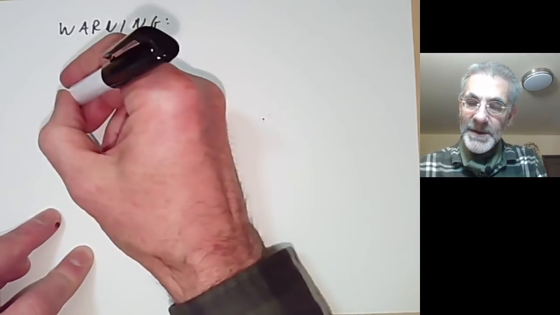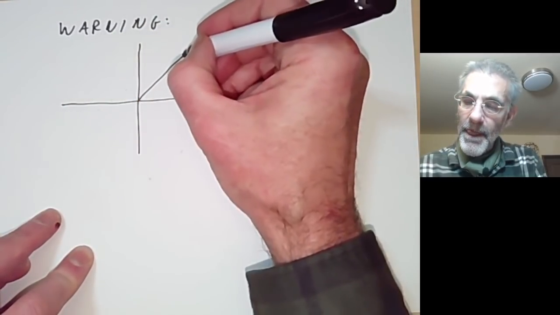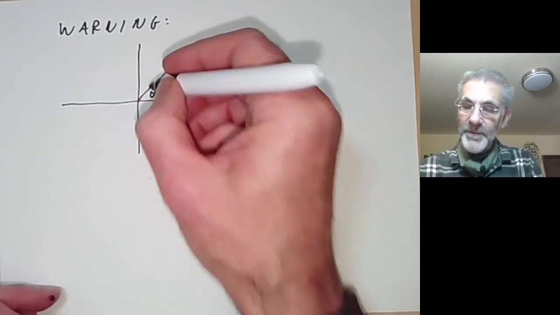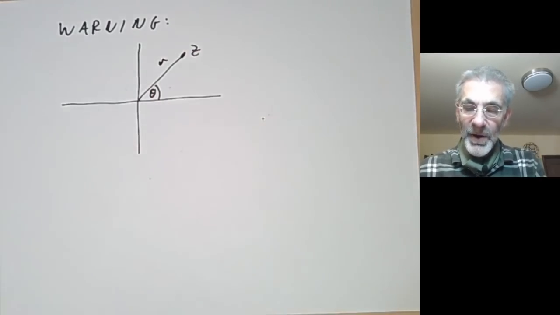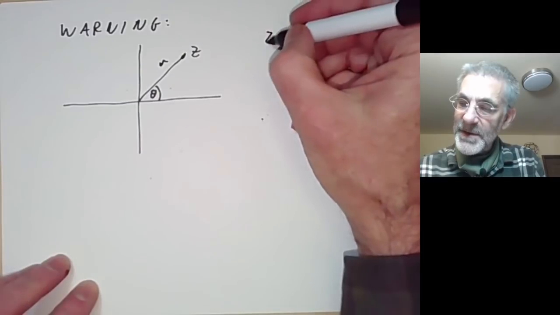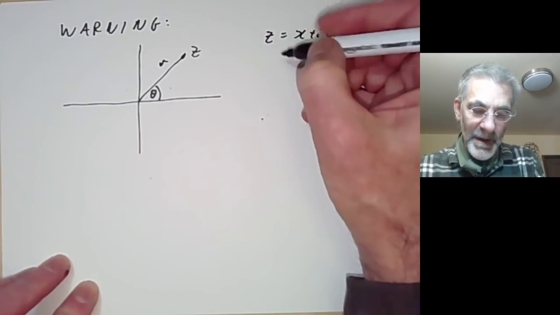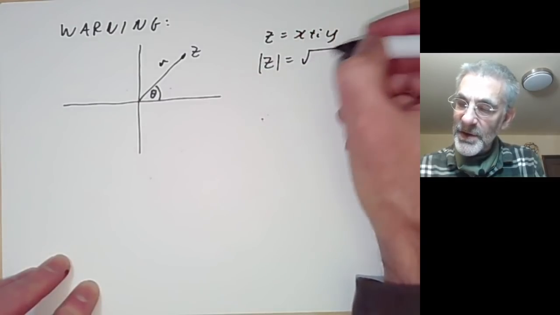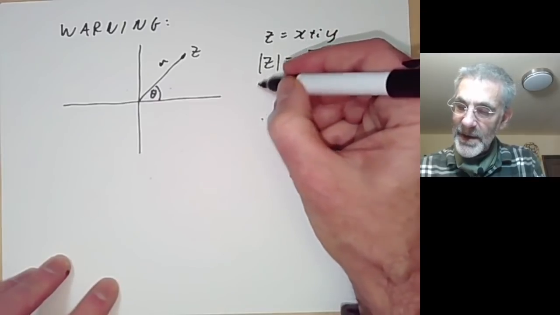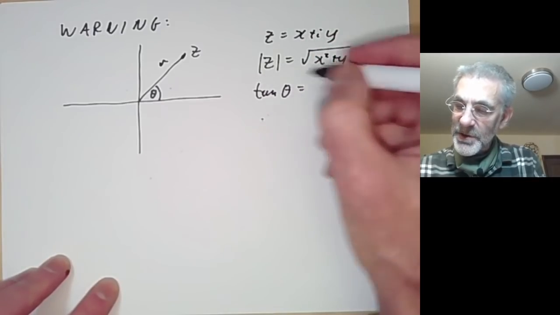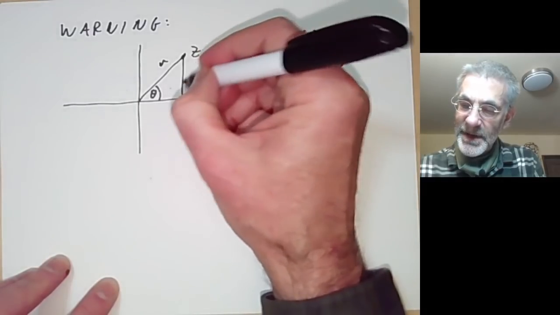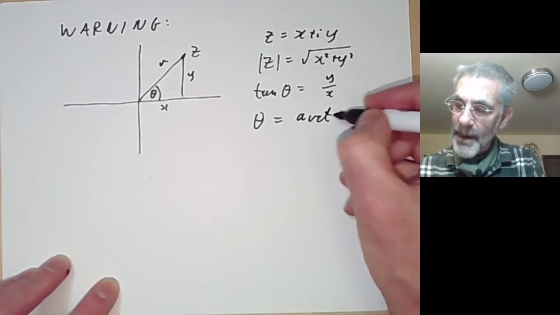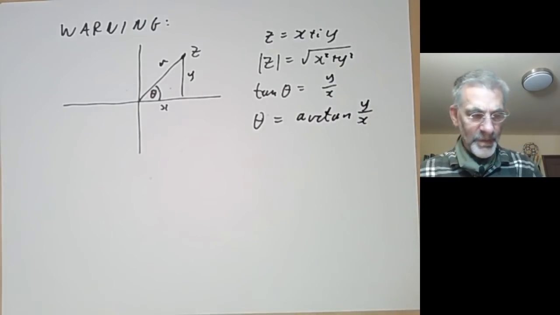So let's take a complex number z, and we're trying to convert it into polar coordinates, and so z is equal to x plus iy, and we see that the absolute value of z is equal to the square root of x squared plus y squared, and tan of theta is equal to y over x, because there's y and there's x. So we can figure out theta as the arctan of y over x.